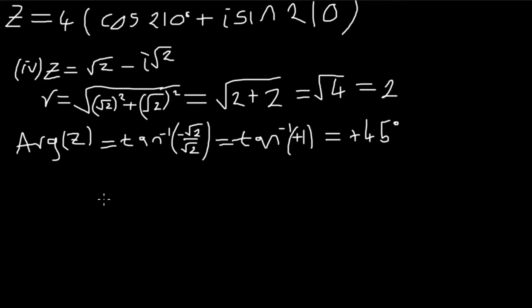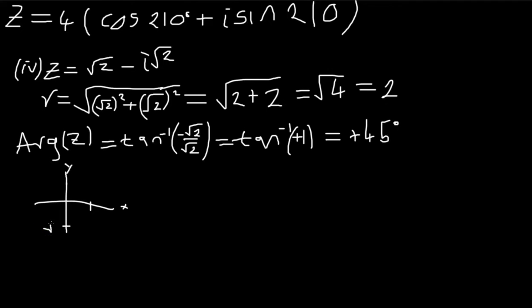So now let's try to draw the Argand diagram for this complex number z. So it's going to be like this. Approximately, this is my real axis x, and this is going to be my imaginary axis y. And then let's try to plot this. Approximately root 2 is going to be somewhere there, and negative root 2 is going to be somewhere there.